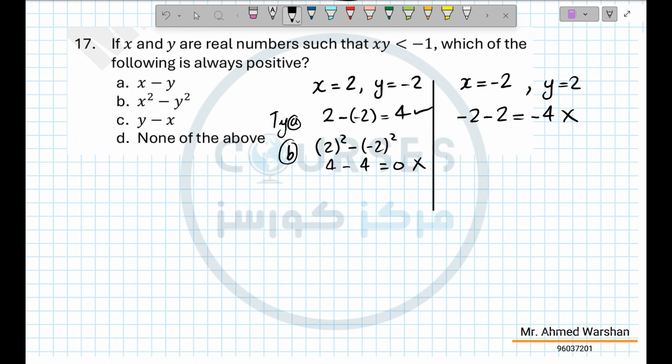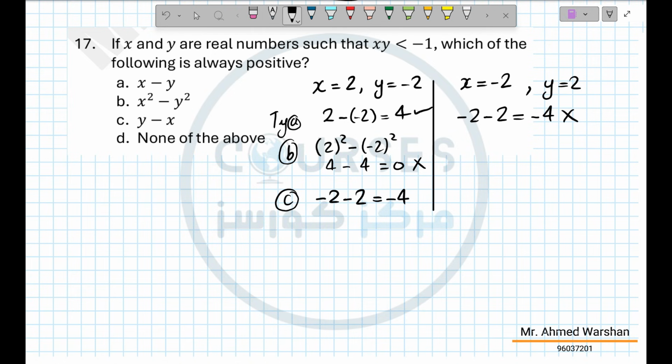So that's going to be 4 minus 4, which is 0. 0 is not positive. By the way, you can try other numbers. It can be positive, so make sure you try different numbers. But anyway, it gave us 0, it is not positive. I don't even have to try the second case because it fails here. Let's try C. C is y minus x, which is, in this case, -2 minus 2.